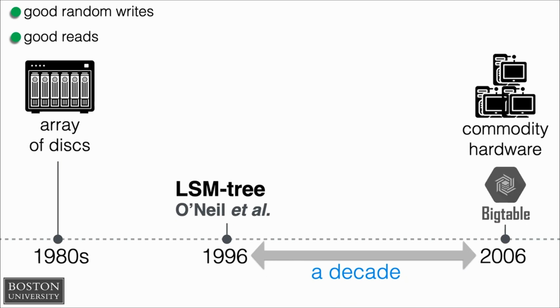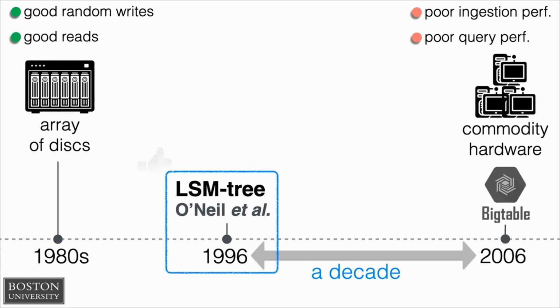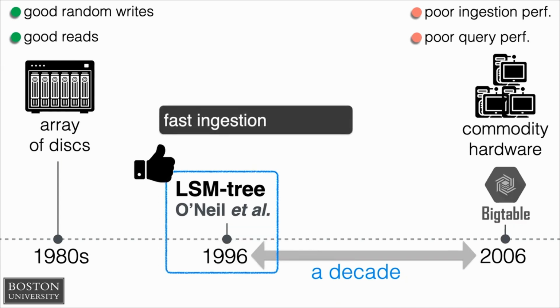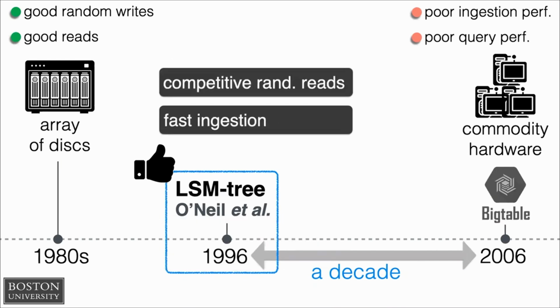So all of a sudden, it is very important to optimize for sequentiality because we are getting poor ingestion performance and poor read performance for our random access workload. Enter LSM-trees. LSM-trees offer very fast ingestion, which is the main driver for using them. But they also offer competitive random reads, as we'll see through a variety of optimizations.